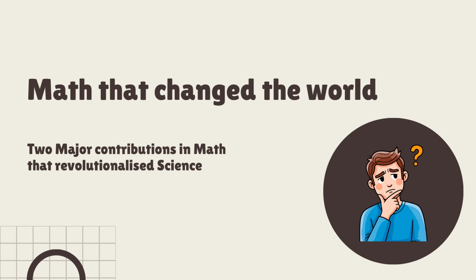If somebody would ask, what is that aspect in mathematics or what is that concept in math that changed the entire world, what would that be? And if you have to name two such major contributions that revolutionized science, what would those two contributions be? Give it a thought before you move ahead.